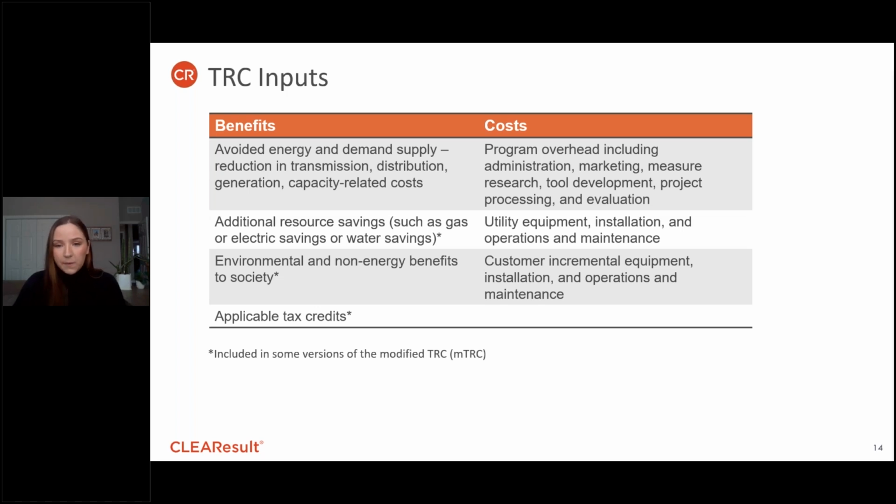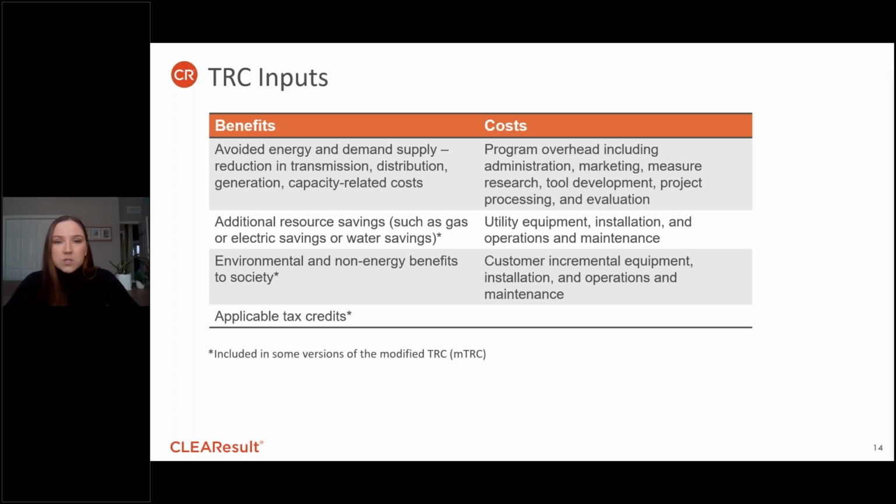And then also your equipment installation and operations and maintenance costs, both from a utility and a customer perspective. So those are the things that we're trying to consider when we do our benefit cost ratio here. And as you can see, the more benefits you can associate with the benefit side, whether that be adding these environmental benefits or things like that, you can really help boost your TRC a little bit.